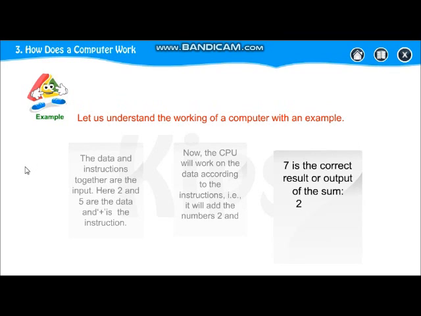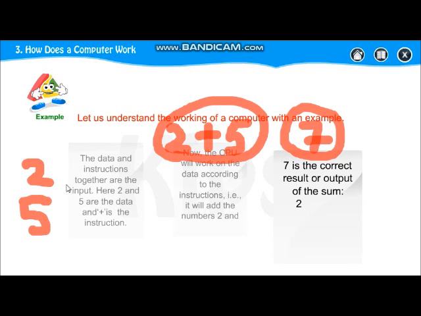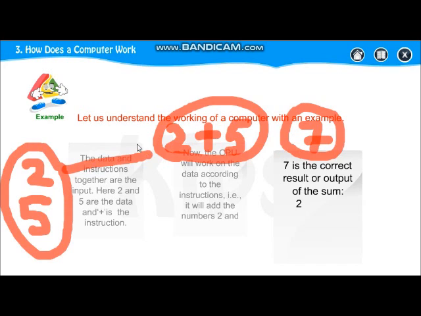अब आपने कंप्यूटर को दिया क्या था? 2 and 5. कंप्यूटर ने क्या किया उसको? 2 plus 5 means प्रोसेसिंग किया और आउटपुट क्या मिला हमें? 7. So this is data, this is your processing and this is your output. Understood? Data goes in a computer and computer processes it and gives you output.